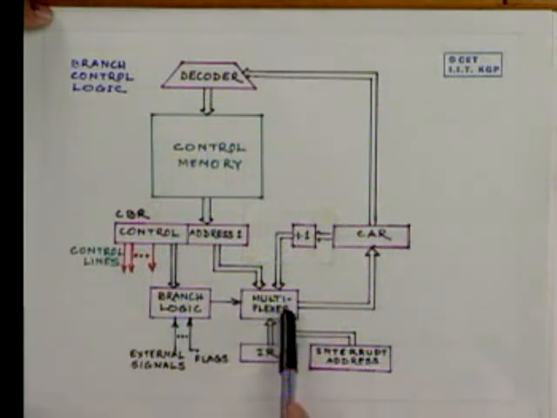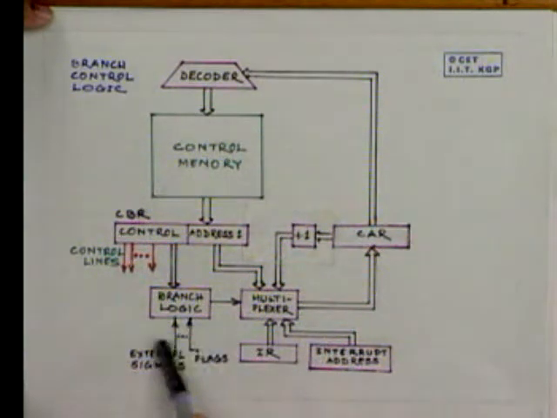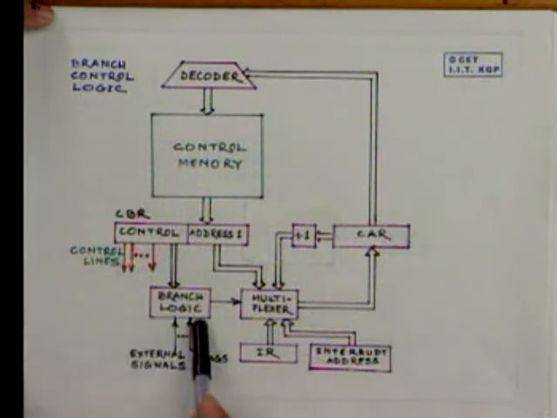Now, depending upon this branch logic, where the condition flags like carry, overflow, etc., external signals including interrupt, then data ready, write done, all these come into this branch logic.